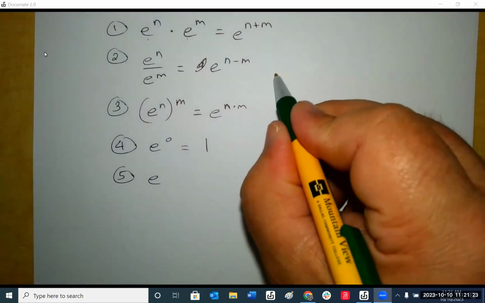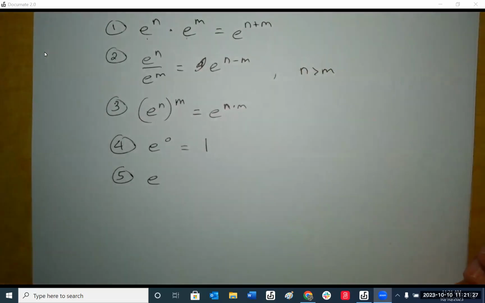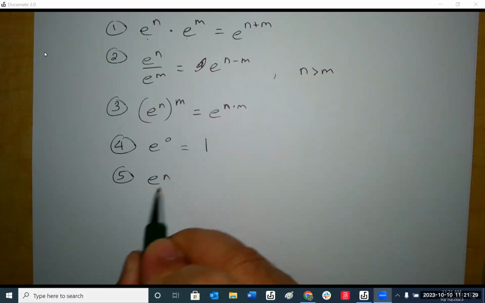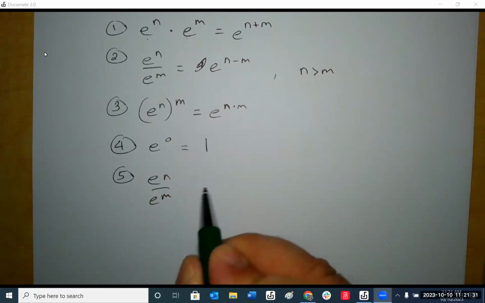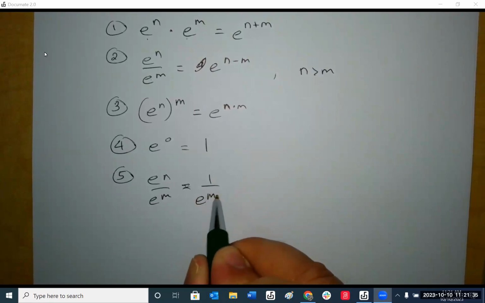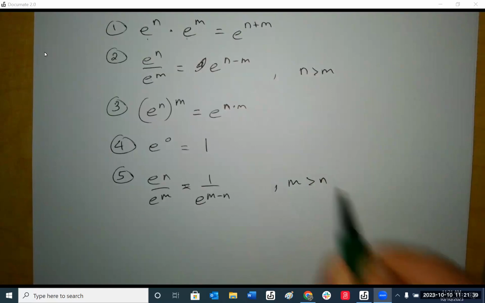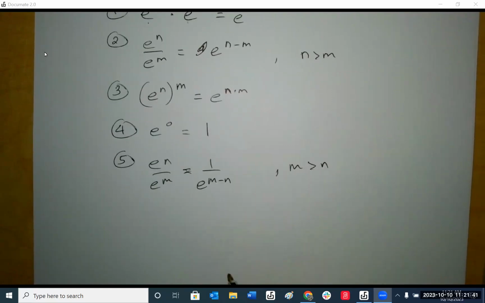Well, for this top one, it's n is larger than m. The exponents. If m is larger than n, then you subtract on the bottom.